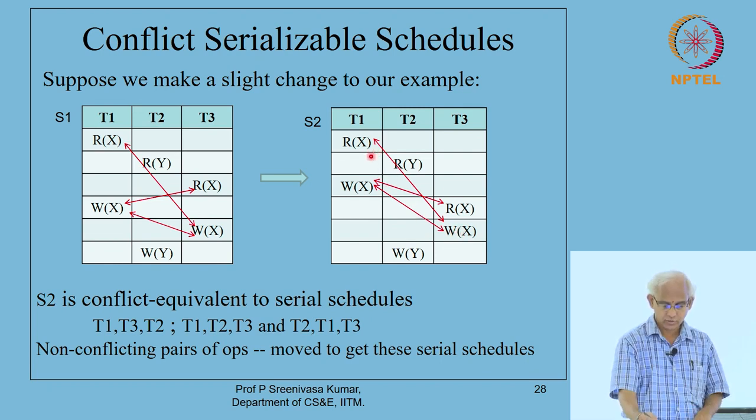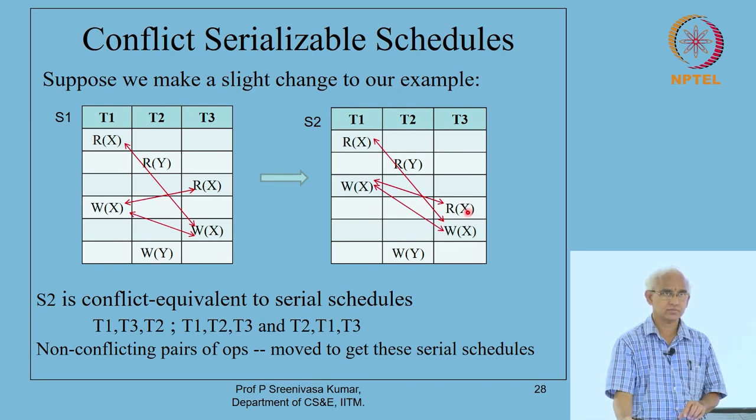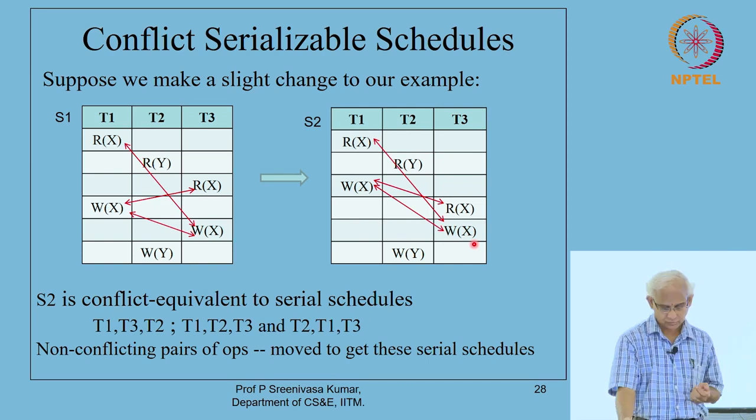The relative order in which they come should be the same in some serial schedule. It does not matter what serial schedule it is, but as long as that is a serial schedule, then we call the given schedule a conflict serializable schedule. It is not a serial schedule, but it is a serializable schedule.